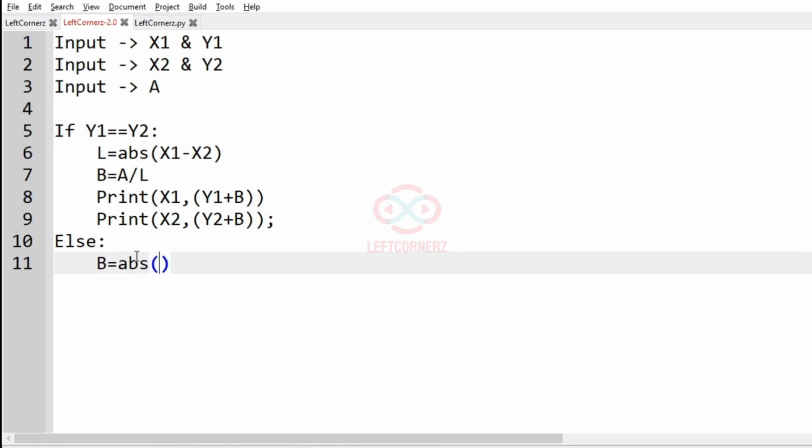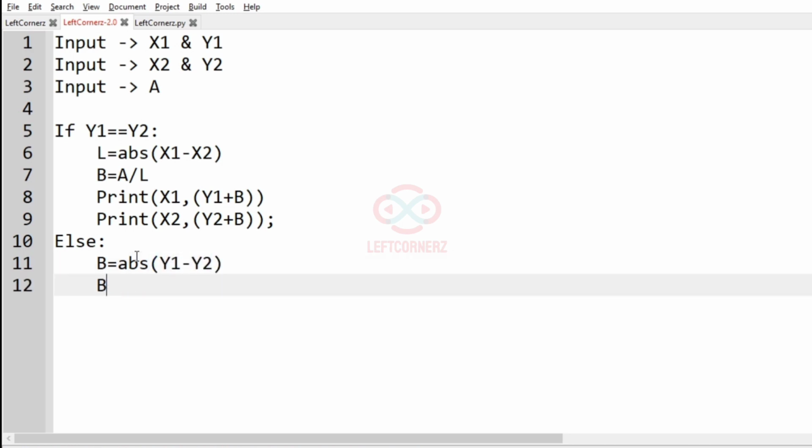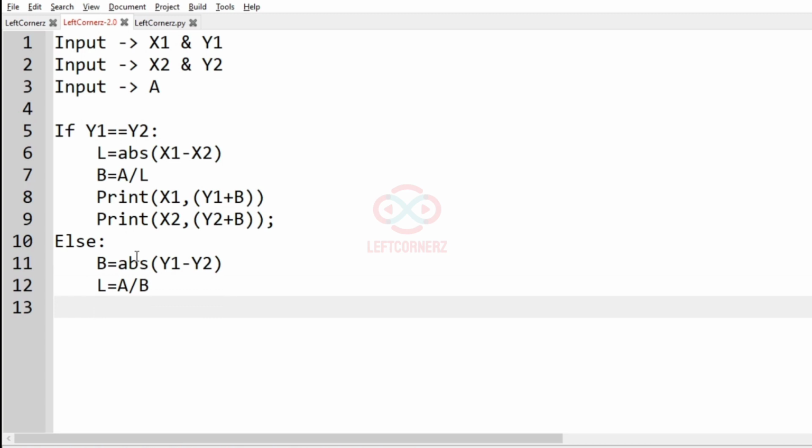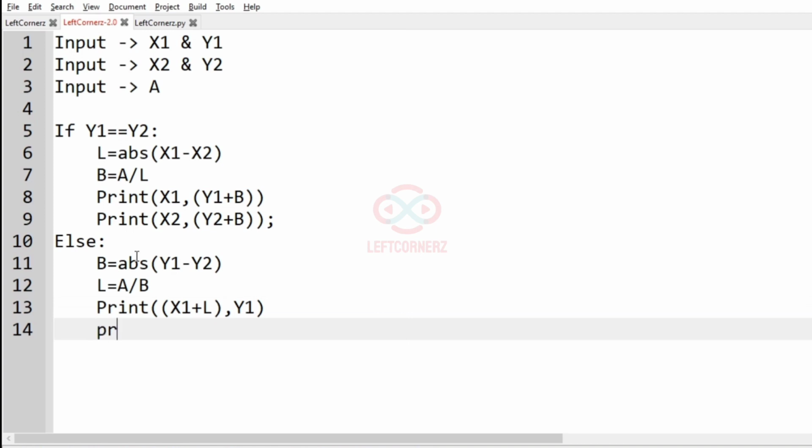So breadth is equal to absolute of y1 minus y2, and length is equal to area by breadth, and we have to print x1 plus length comma y1, and you have to print x2 plus length and y2.